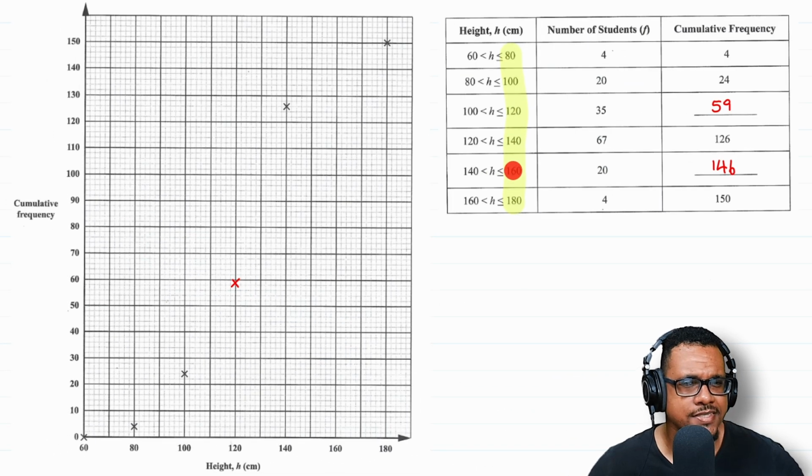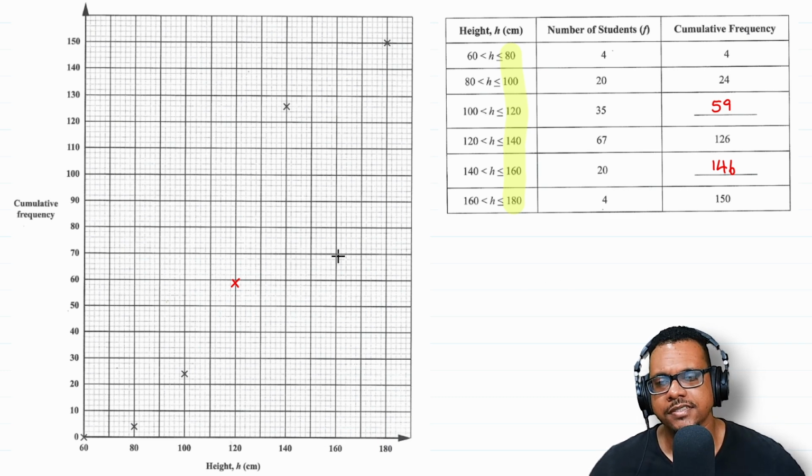And now we have to plot 160 on the x with 146 on the y. So here we have 160 on the x. I'm going to go all the way up to 146. So we're going to stop at 140. And then remember, each little block is 2 units. So 42, 44, 46 right here.